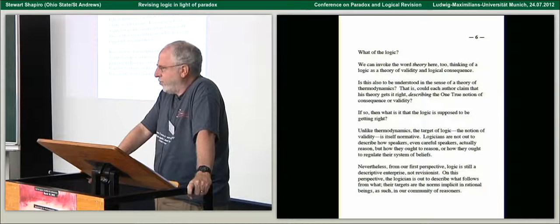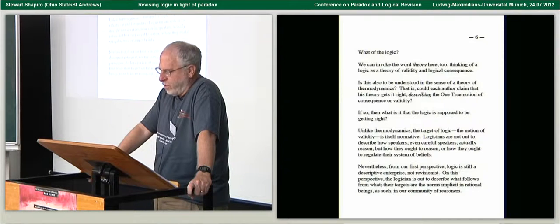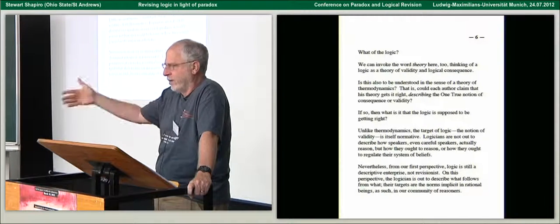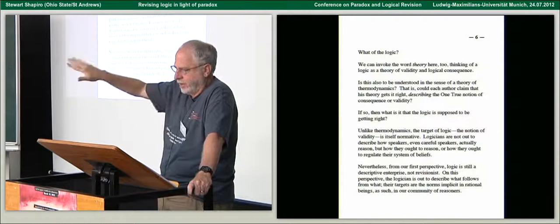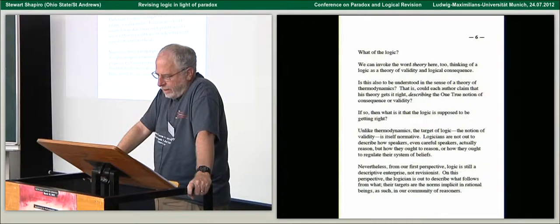All right, now, unlike thermodynamics, the target of logic, validity, is itself normative in some sense of normative. Logicians are, as Graham emphasized, not out to describe how speakers, even careful speakers, actually reason, but how they ought to reason, or how they ought to regulate their system of beliefs, putting the Harman point on the table and then acknowledging it and moving beyond it.